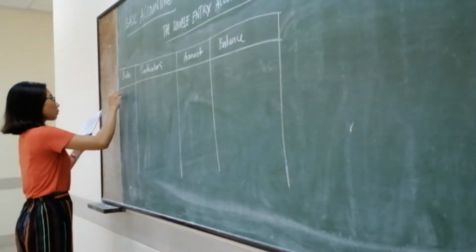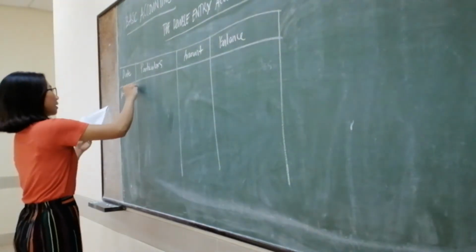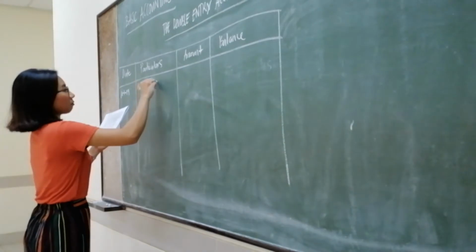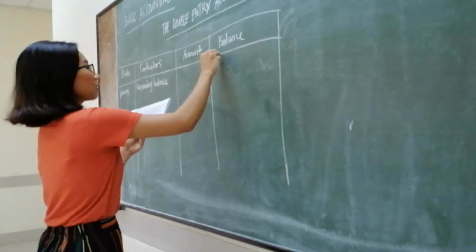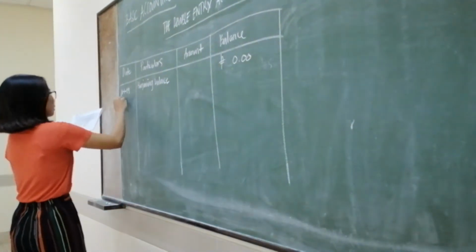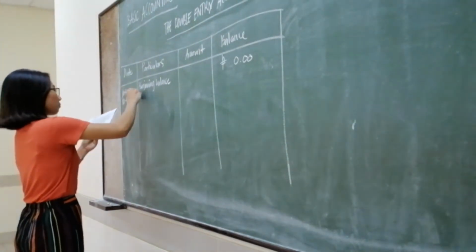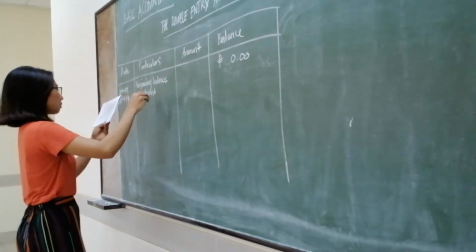So, on October 1, 2019, beginning balance, zero. And then October 1, 2019, record the investment of owner, Mr. Burgas.